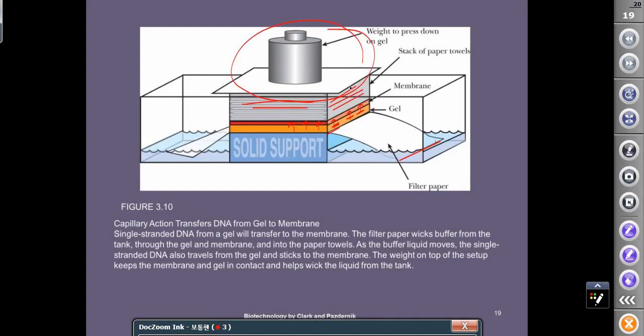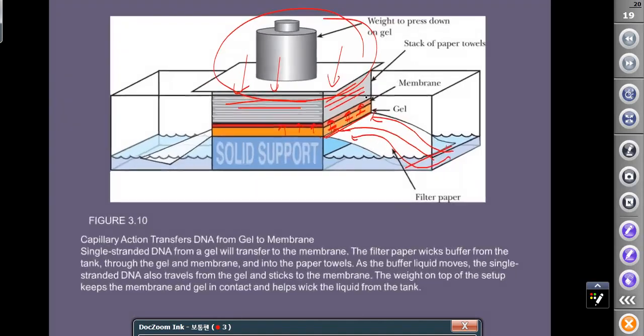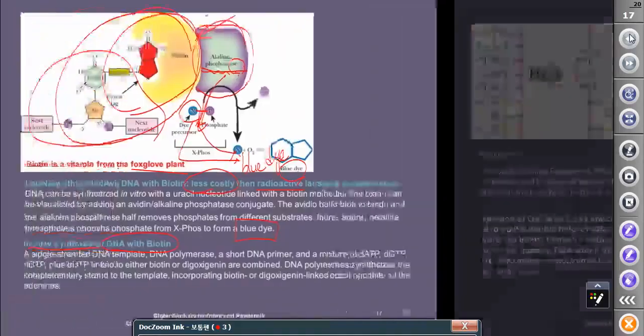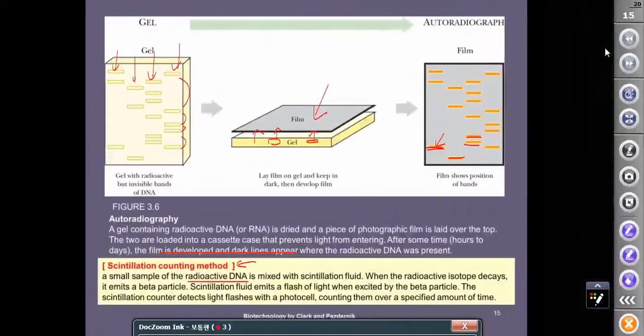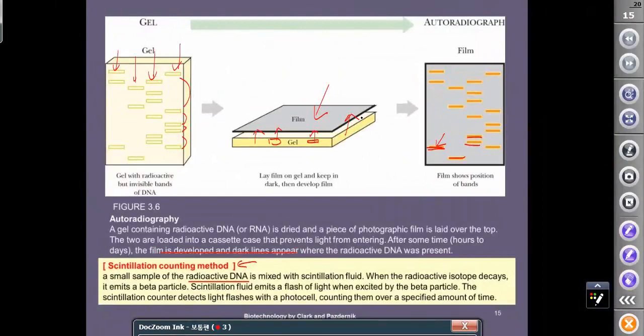It can be anything to give some weight down to the whole system. This filter paper wicks the water. The water goes through toward the center, and then the gel gets more moistened, and due to the capillary action the DNA goes up toward the membrane. And that's how you transfer the DNA sample from the gel to the film or some membrane.